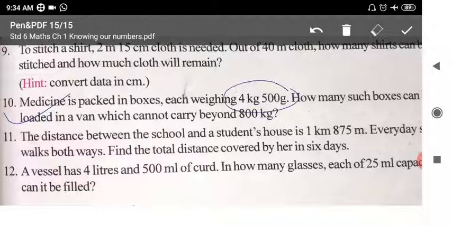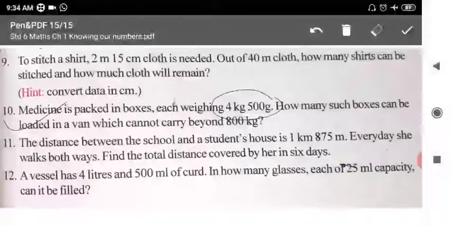Medicine is packed in boxes, each weighing 4 kg and 500 gram. How many such boxes can be loaded in a van which cannot carry beyond 800 kilogram? So how many of this kind of boxes can be carried?